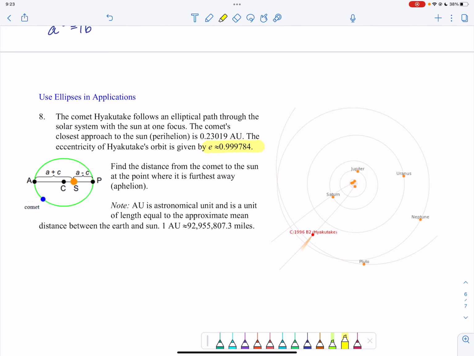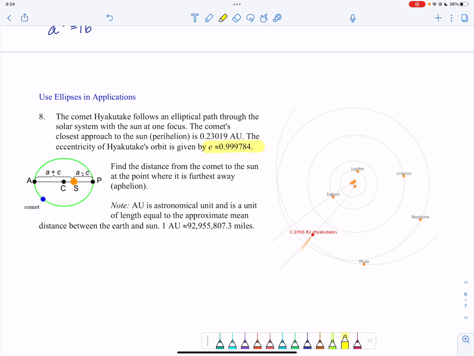And we are asked to find the distance from the comet to the sun at the point where it's furthest away. Now, AUs are astronomical units, and they are equal in length to the approximate mean distance between the Earth and the sun. And as you can see, that is 92,955,807.3 miles.